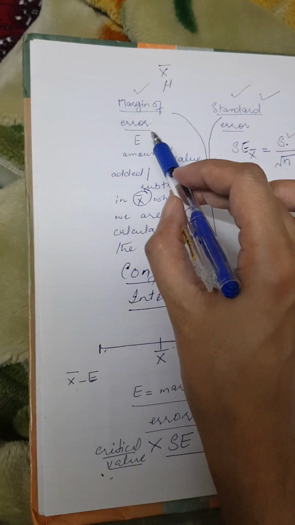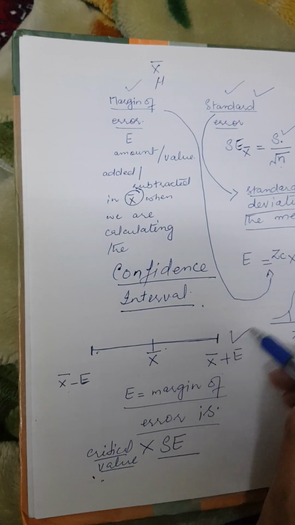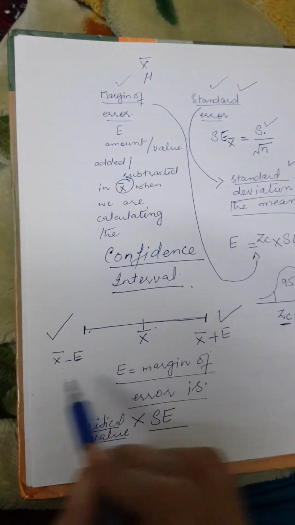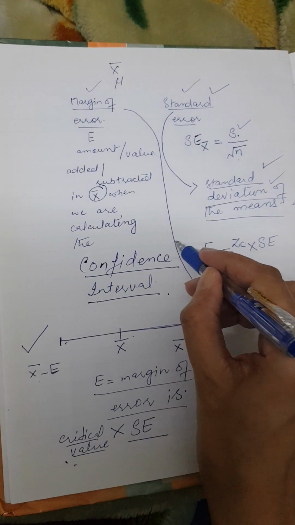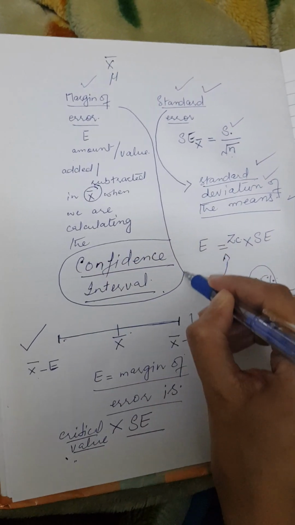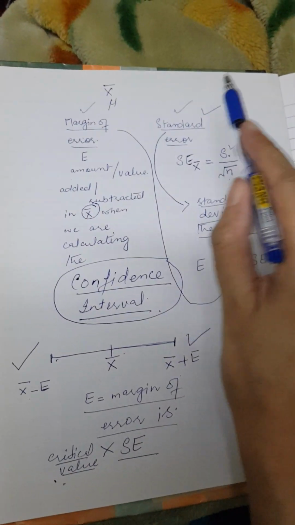The margin of error is the value that is added or subtracted from the sample mean when we are calculating the confidence interval. This is the difference between the margin of error and the standard error.